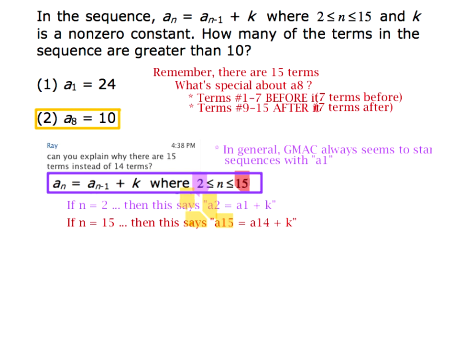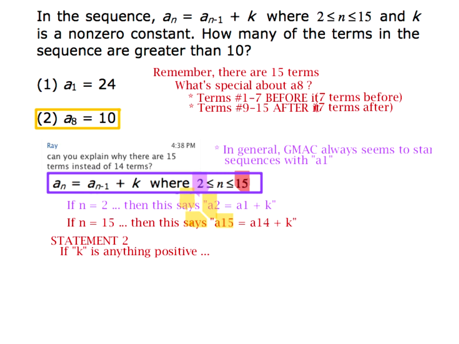So what does that mean? Well, for statement 2, what happens if K is anything that is positive? What happens? Yeah, if K is anything positive, then that means your sequence goes up the whole time.